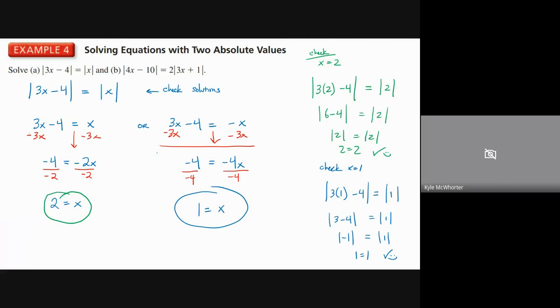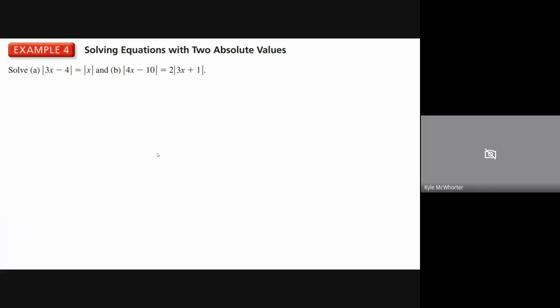Let's then look at B. So we've got absolute value of 4x minus 10 equals 2 times the absolute value of 3x plus 1.